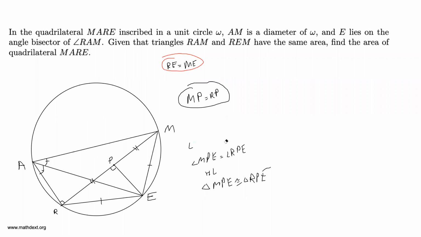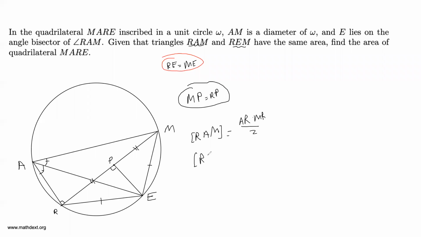So now we're going to get somewhere. We're given that triangle RAM and triangle REM have the same area. What does that mean? Take a look at triangle RAM: since this is a right triangle, its area is base times height divided by 2, so AR times MR over 2.